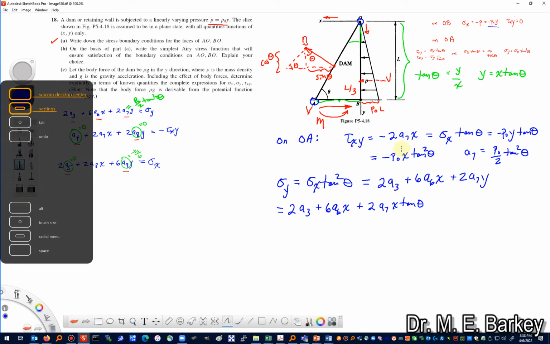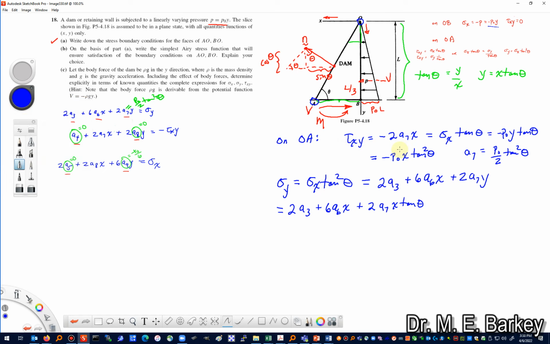But tau xy is equal to minus 2a7x. That comes from here. But tau xy is equal to sigma x tangent theta. Okay, right there. We had written that down previously.